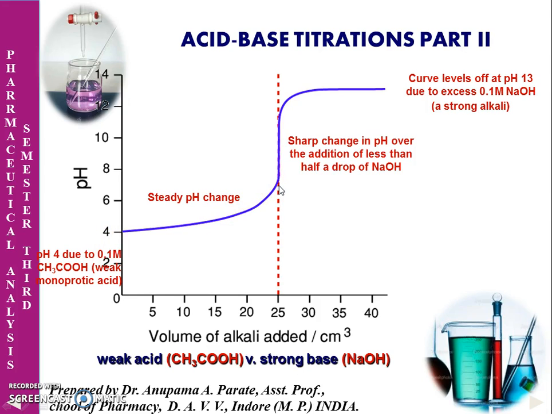Then when the entire amount of acetic acid is neutralized, there is a sharp change again in pH, and less than half a drop of sodium hydroxide shows a prominent change in pH from 6 to 11.5. Any excess addition of 0.1 molar sodium hydroxide, a strong alkali, results in a stable pH range.